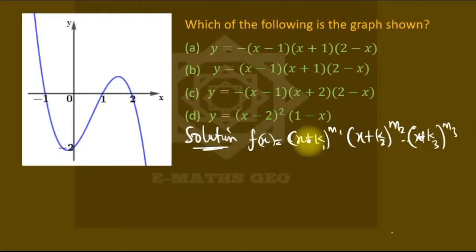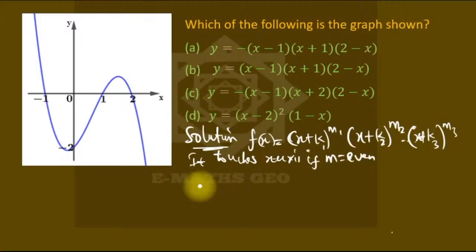If you have a polynomial factored this way, it touches the x-axis if m is even, or crosses the x-axis if m is odd. Both of them cross or touch at x equal to minus k, whether k1, k2, that's equating this to 0.